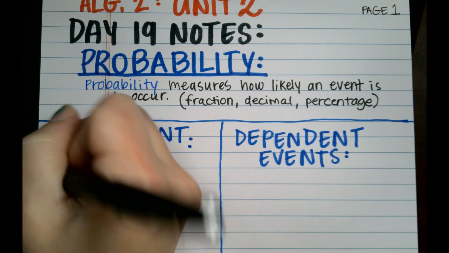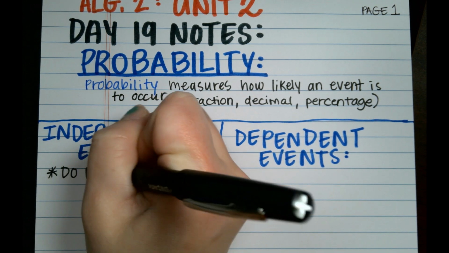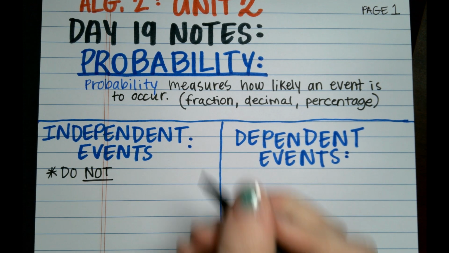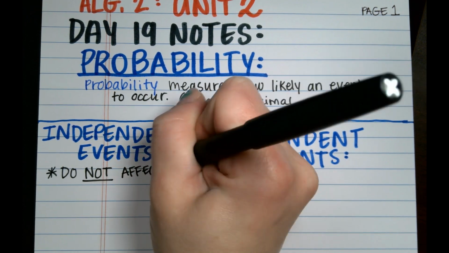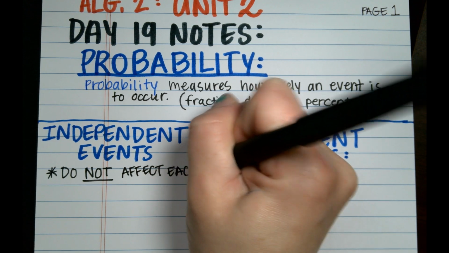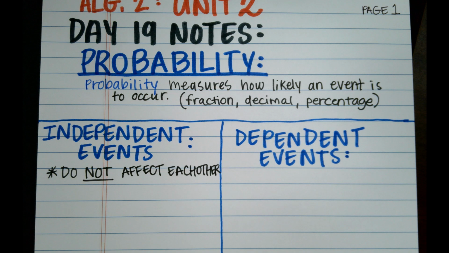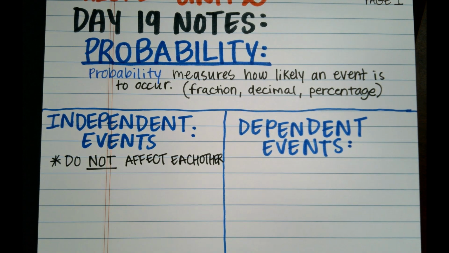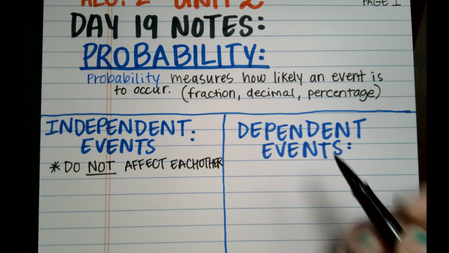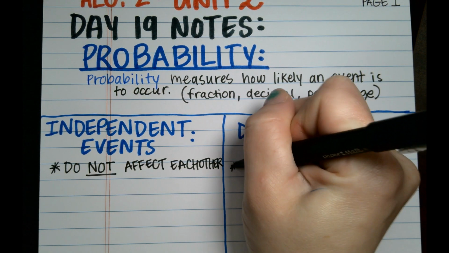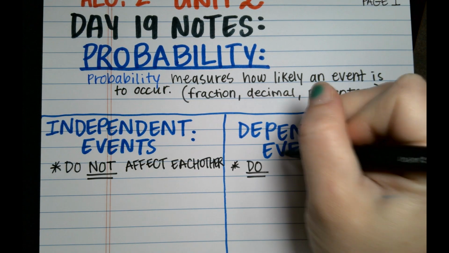Independent events do not affect each other. Dependent events do affect each other.